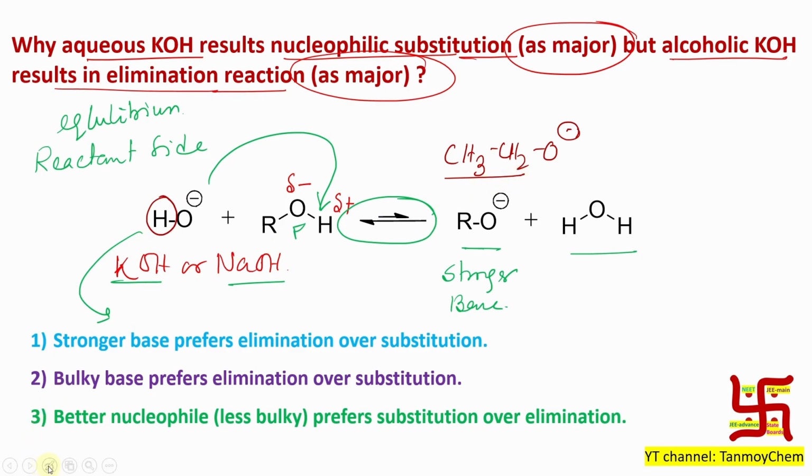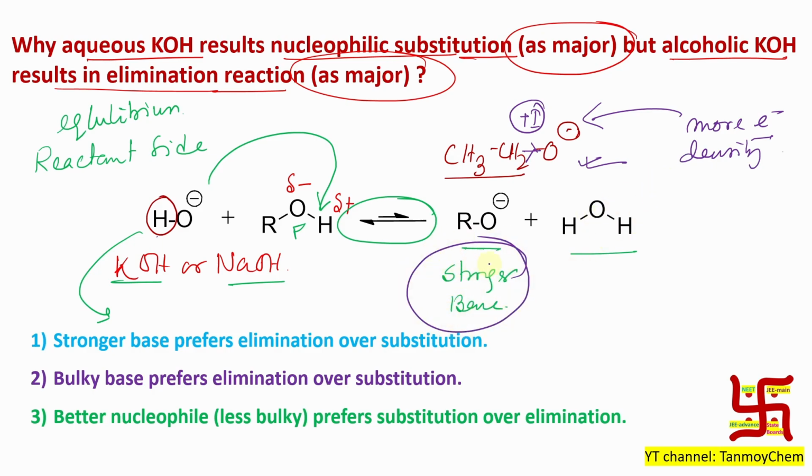This is actually the difference here. Now if you look at hydrogen, it doesn't show plus I, doesn't show minus I, nothing. But if this is an ethyl group, it has a plus I effect, meaning it donates more electron density to this oxygen. So you can expect this oxygen has more electron density, it is more reactive, and since it has more electron density, it can act as a stronger base rather than a better nucleophile.